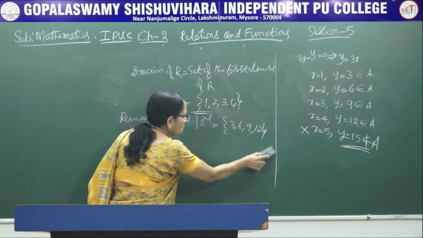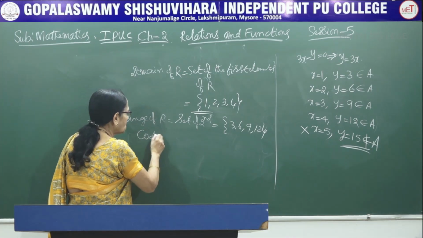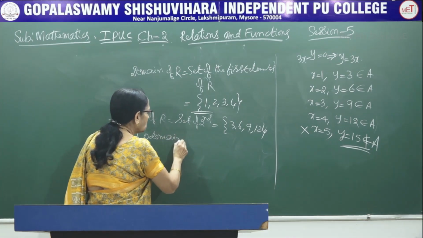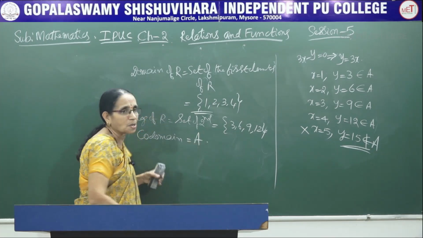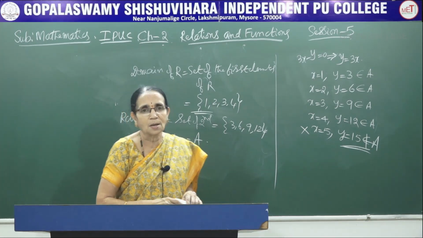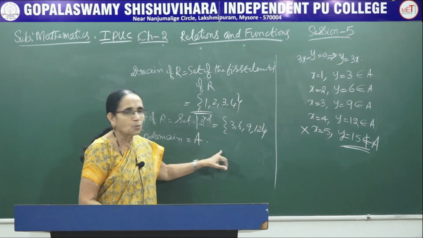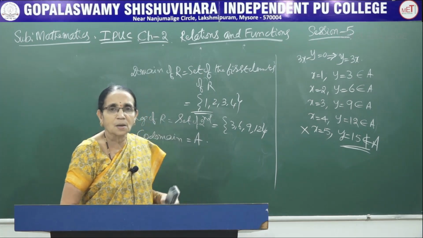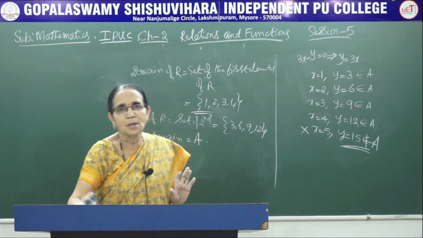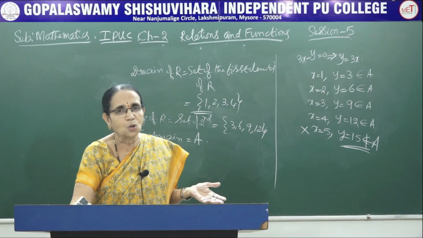Now if the codomain is also asked in the problem, you directly write codomain. See, that is always the second set, but here only one set has been given. So for the codomain you can write the given set itself, you can write the actual elements 1, 2, 3, 4, 5, 6, 7 up to 14, or directly you can write it is the given set A. Okay, codomain is not difficult to write because the whole of the second set becomes the codomain.